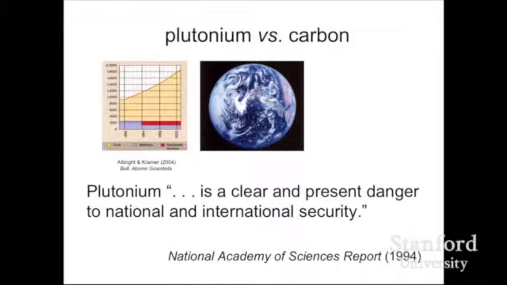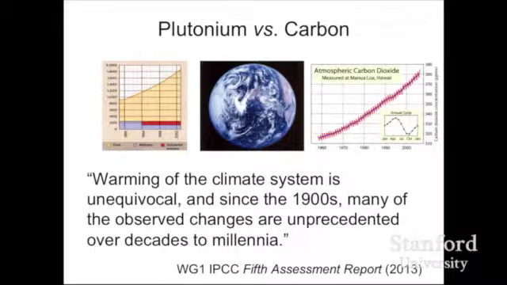So we have plutonium as a problem, and then we have carbon, or CO2, or greenhouse gases in the atmosphere, as another clear and present danger, and this is just a quote from the fifth assessment report. So in a simple-minded sort of way, the question is, which problem do you want to have? Okay? Do you want global warming and to deal with that, or do you want weapons, plutonium, environmental impact, and so on? And the answer is not clear-cut.